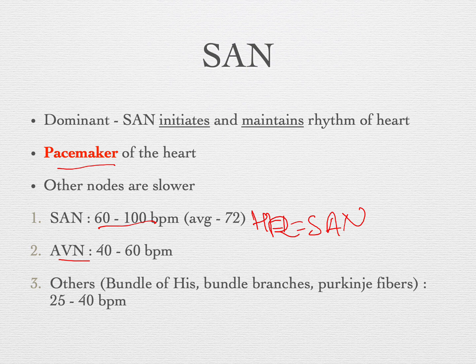Now the AV node or the atrioventricular node has the ability to generate signals at a much slower pace of 40 to 60 beats per minute. If both the sinoatrial node and the atrioventricular node fail at generating signals, the other parts of the conducting system, like the bundle of His, the bundle branches, and the Purkinje fibers, can generate signals at a pace of 25 to 40 beats per minute.